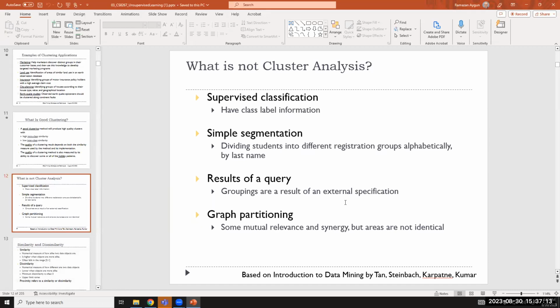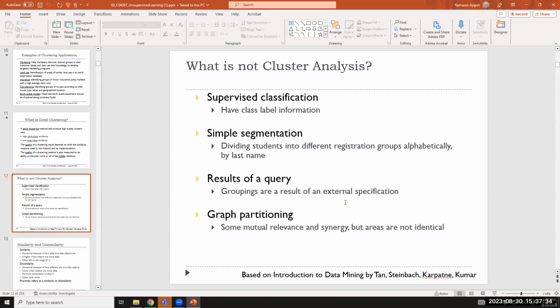So what is not cluster analysis? Supervised classification. If your data has labels, and you are using the labels, the classes of the data, for your analysis, that is not cluster analysis. Simple segmentation.